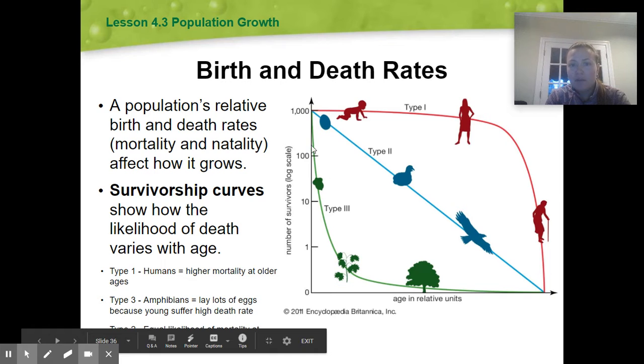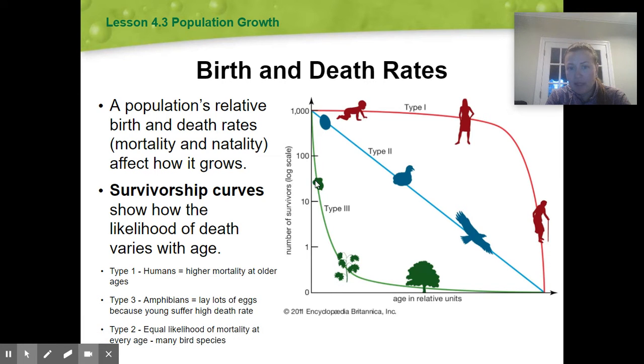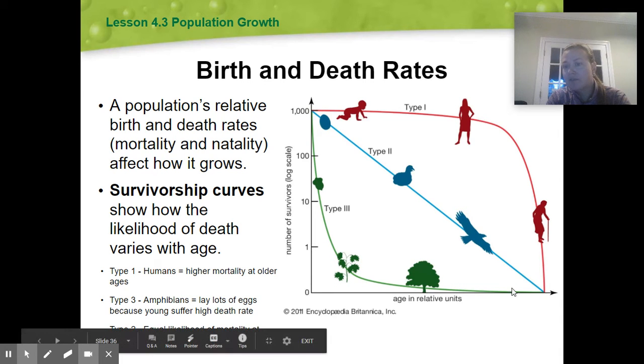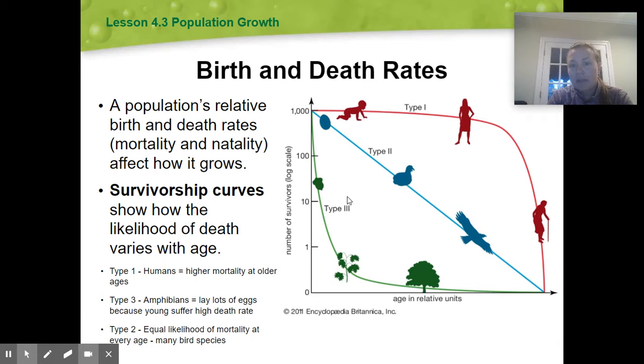Then let's contrast that to type 3. Type 3 is going to not have a lot of babies make it out of that young age, but they're going to live relatively long. A few individuals are going to live long. This is in plants because they have a lot of seeds, create a lot of saplings, as in this tree.